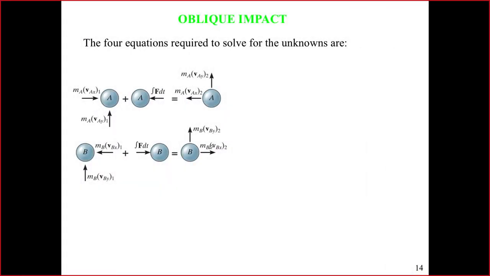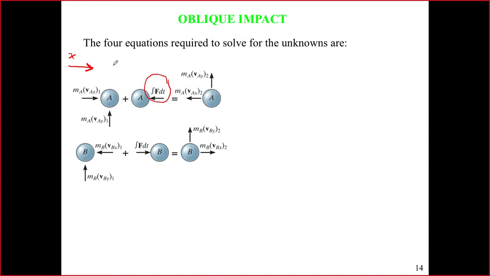Along the line of impact, which was this direction for us, the x direction, we just have the initial momentum, the final momentum of A, and the internal impulses acting along the line of impact.